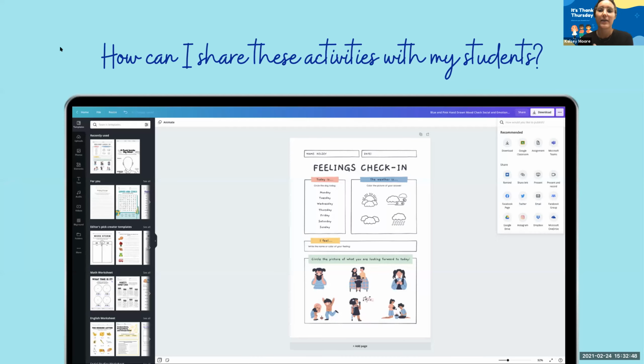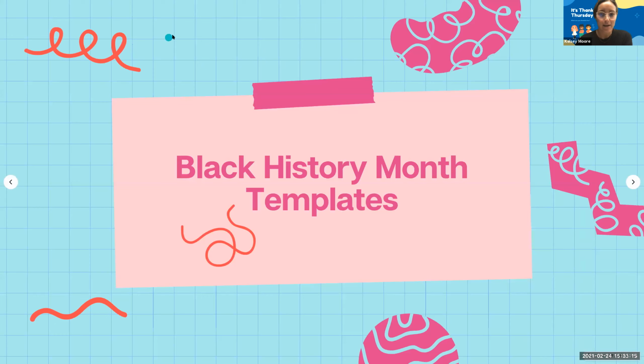You can download your designs, share a link directly with your students, save them to a class folder, which is a subset of students, or share them to different LMSs like Google Classroom or Microsoft. You can even print them and hang them around your classroom for some of the poster items. So there's a ton of ways to share. It's really easy, and supports both in person and remote.